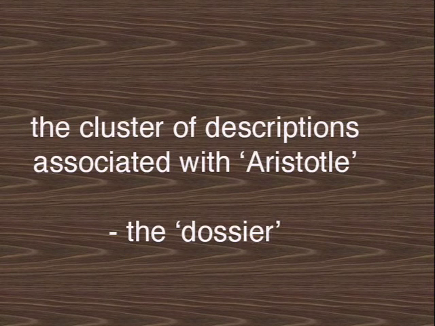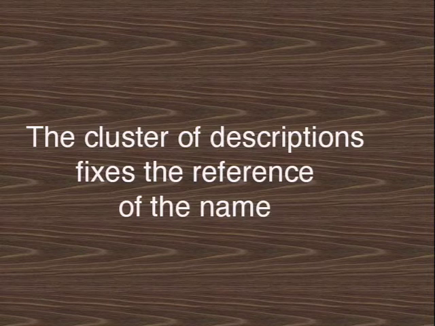Then Searle's idea is to take that big cluster of descriptions that is circulating in the community, not the contents of any one individual's head. That whole cluster of descriptions is what fixes the reference of the name.